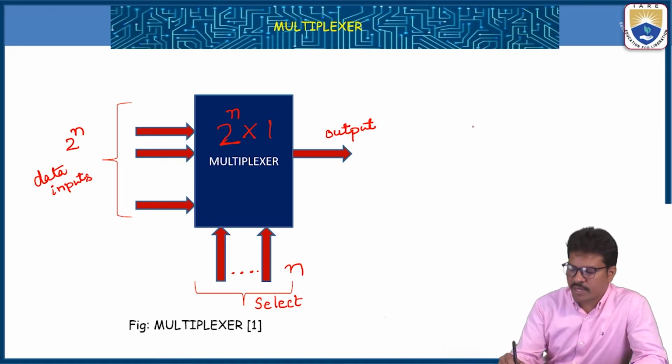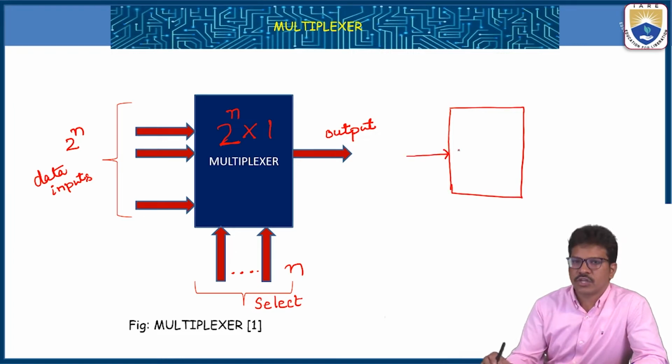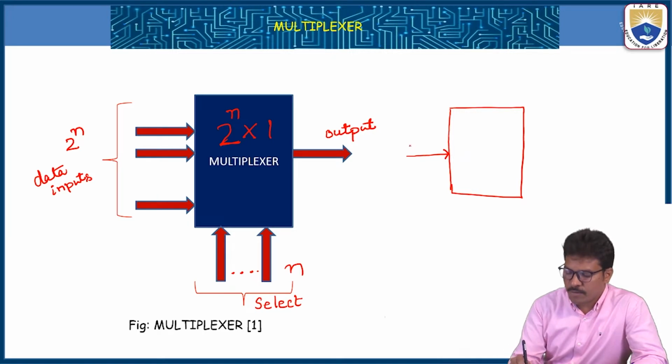If you see the demultiplexer, it is quite the opposite of this diagram. The input is a single input, whatever data comes serially from the channel, and we distribute it to many outputs based on the select lines. Here there are n select lines and 2 power n outputs.